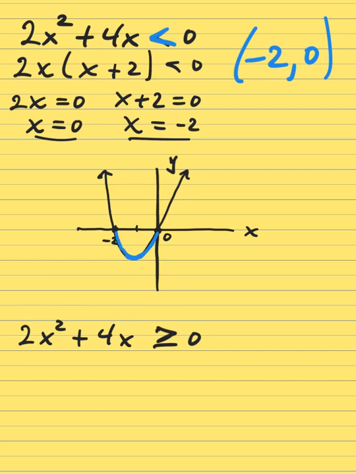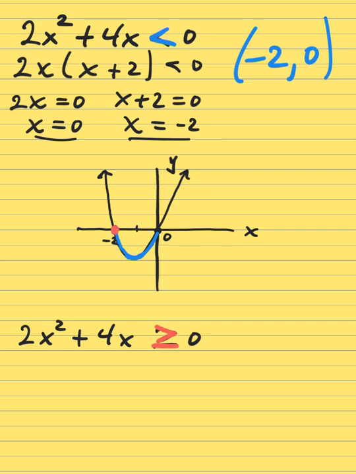The problem at the bottom, I made it the same except greater than or equal to 0. Greater than or equal to 0 means you include the x-intercepts and the part of the graph above the x-axis.